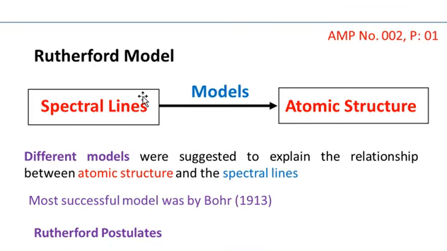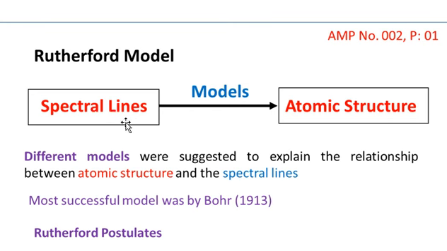Rutherford model. You see that in all the models, for example, in the Rutherford model and in Bohr's model, the spectral lines, that is the observed spectrum or the absorption spectrum of the hydrogen atom from the stellar objects, you obtain a spectrum and then analyze those spectra very carefully and try to model the atomic structure.